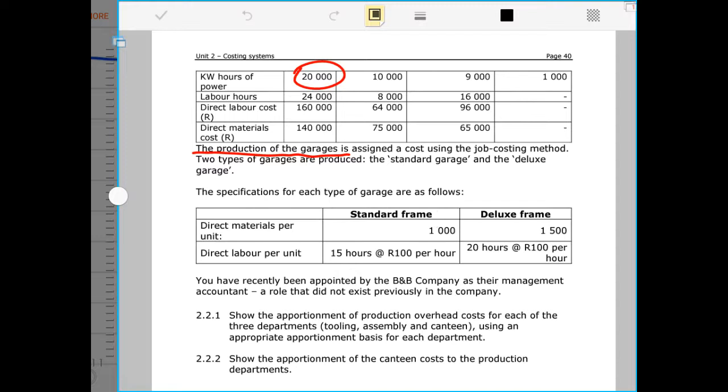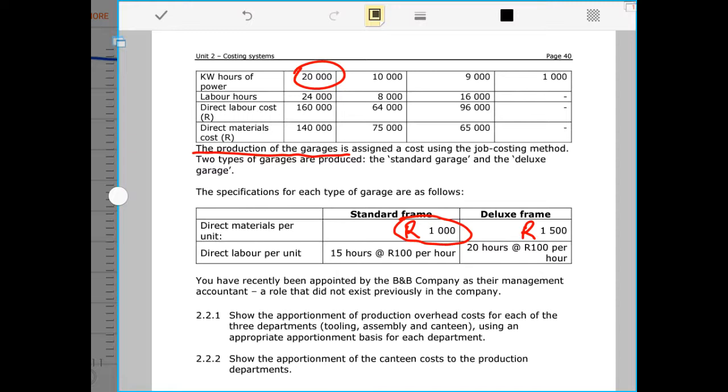We are given direct material per unit, and this direct material is in rands. We are given Gulex frame of 1,500 as the cost of the material that is needed to complete this garage, and 1,000 as the cost of the material that the business will incur to complete the standard frame garage.